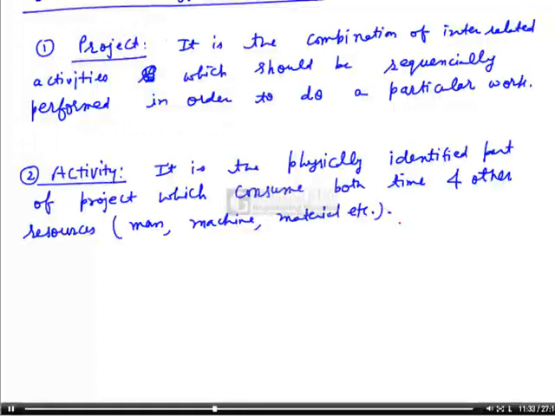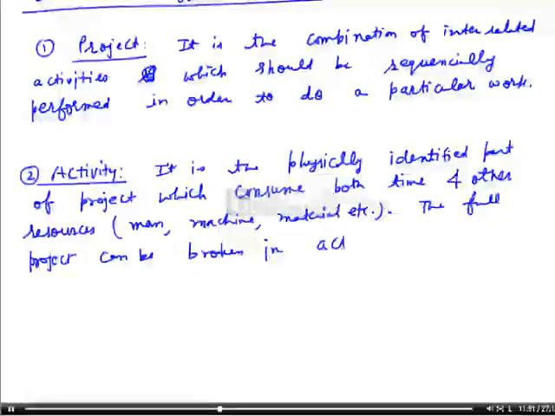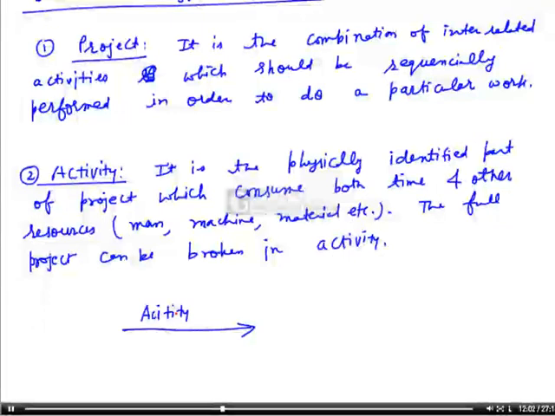And activity is a small part of a project. So the full project can be broken into activities. The activity is denoted by an arrow. So if this is an arrow, this will be called an activity.